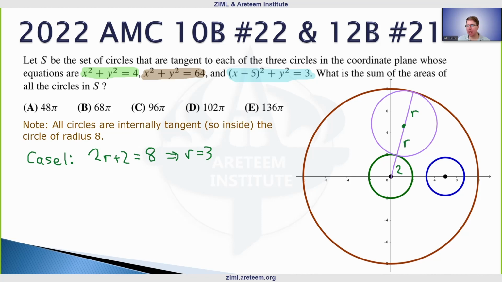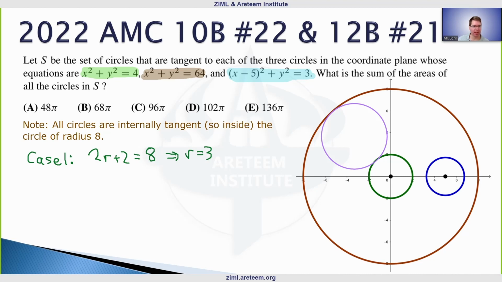Now, I want to point out, moving around this picture a little bit, actually, this is perfectly fine anywhere. Anytime that this circle is tangent like this, that radius is always 3 in this scenario. So now let's turn our attention to the blue circle. Let me write out what we need for the problem.